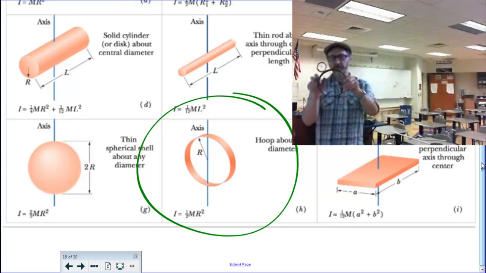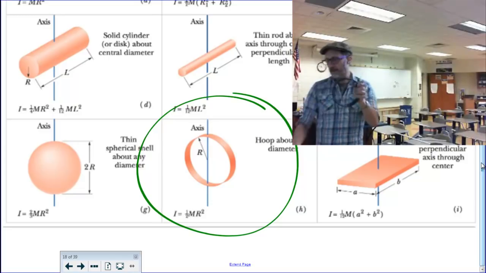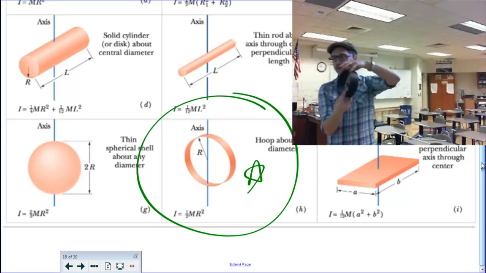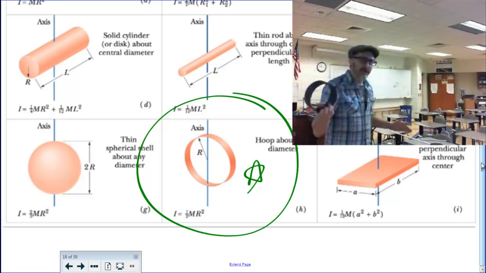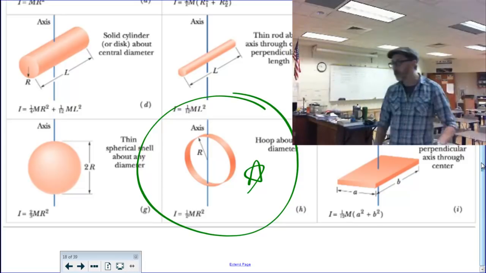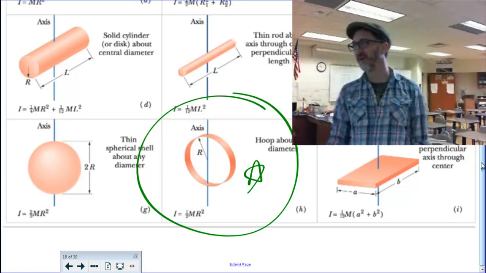A hoop spinning this way has a rotational inertia of mr squared, but this one shows that a hoop spinning this way is 1/2 mr squared. Deriving these requires some calculus. We won't be doing that, unless you take AP.